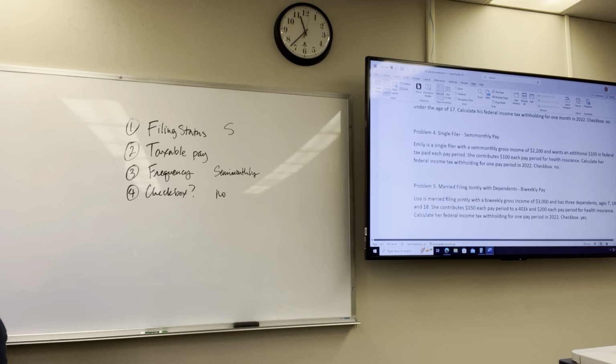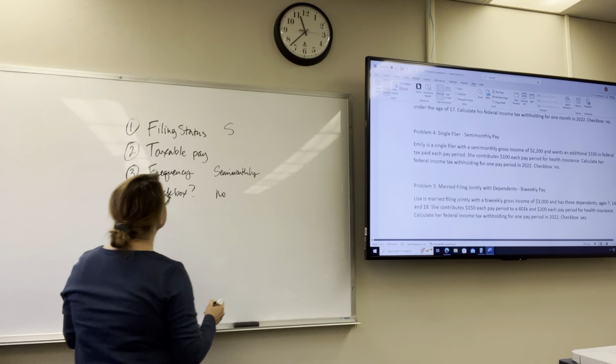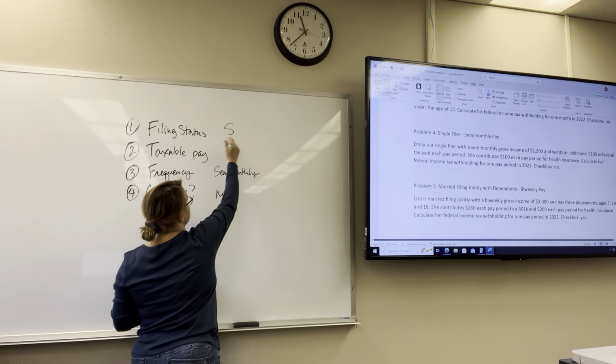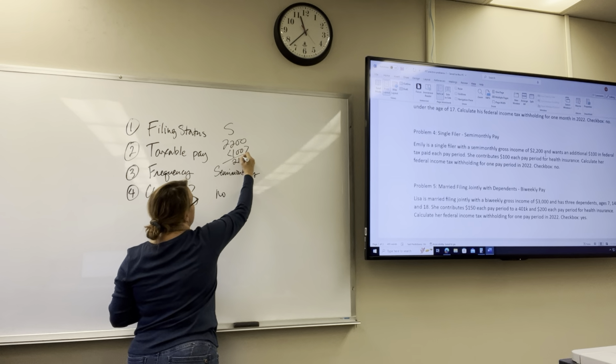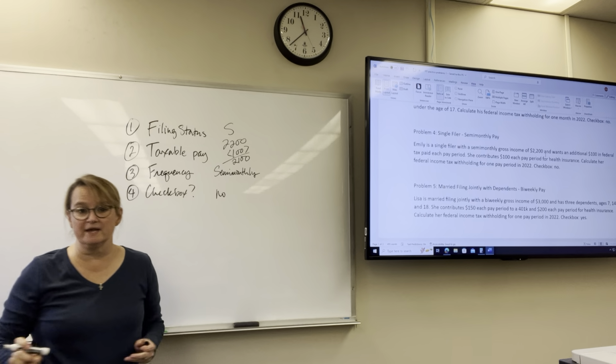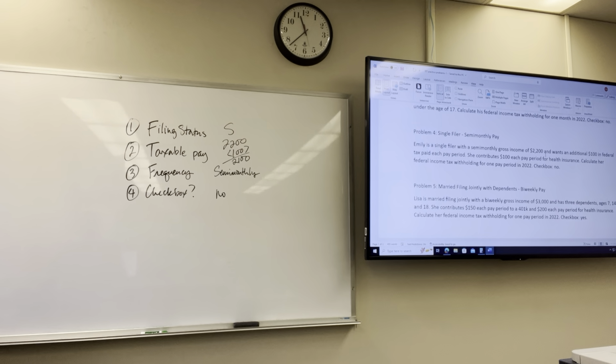She contributes $100 each pay period for health insurance. We can assume that that's pre-tax, part of a cafeteria plan. So her gross income is $2,200, but that's not her taxable pay. We take the $2,200 minus $100, so $2,100 is her taxable pay for federal income tax purposes.